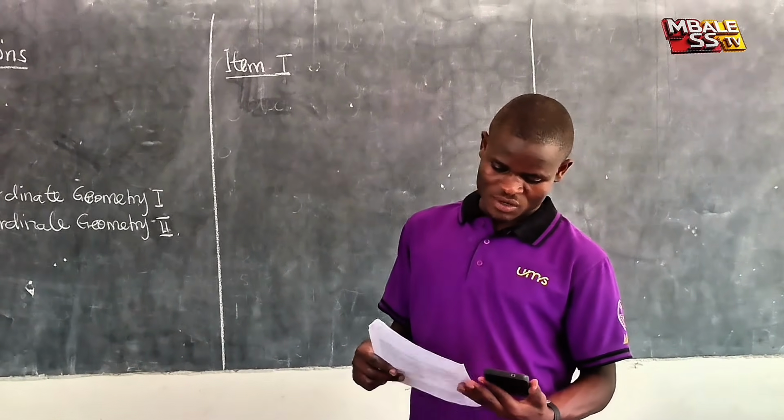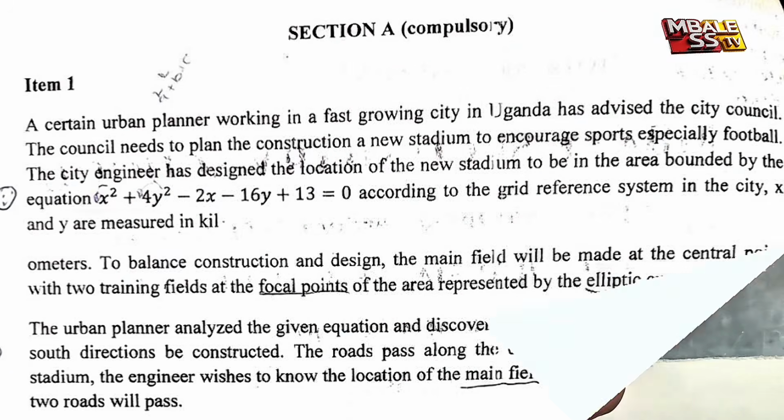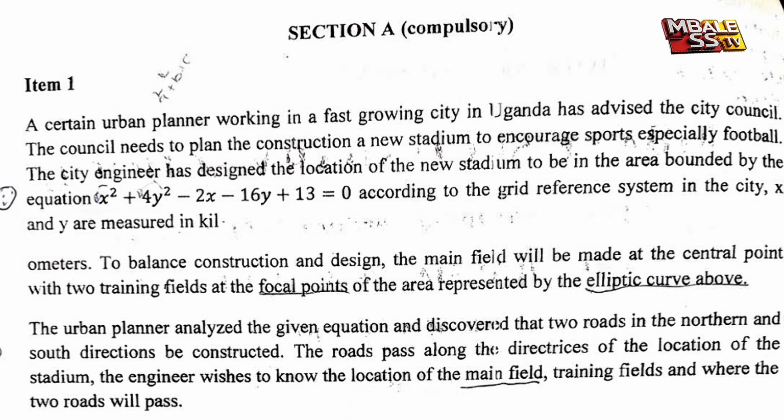So let's go through. The item says: a certain urban planner working in a fast-growing city in Uganda has advised the city council. The council needs to plan the construction of a new stadium to encourage sports, especially football.